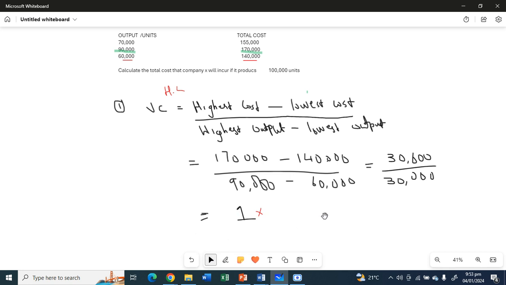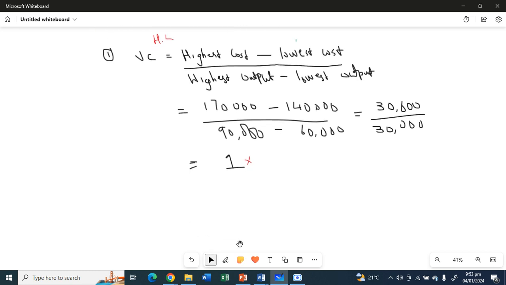Remember, total cost equals variable cost plus fixed cost.